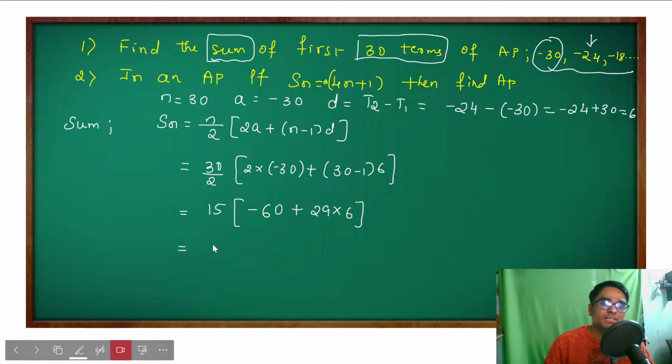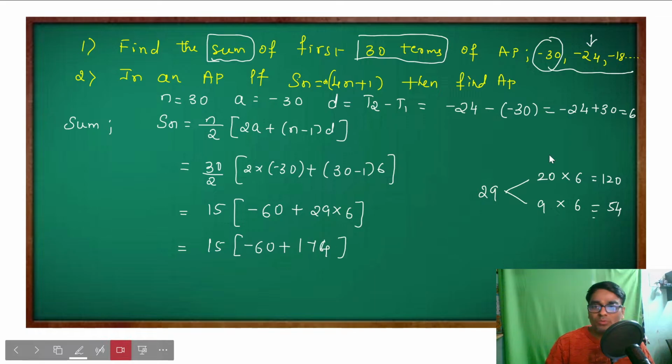Now 29 into 6: 20 sixes are 120, and 9 sixes are 54. See, always multiply by breaking it into 20 and 9. So this calculation will be very fast. 120 and 54, that is 174.